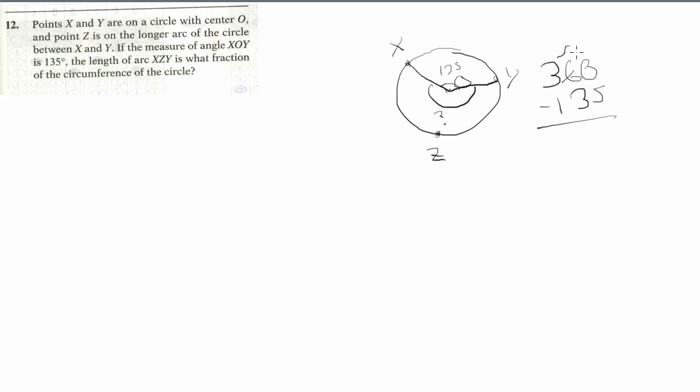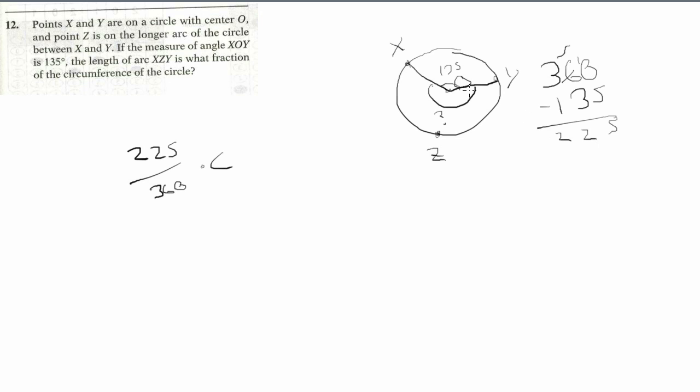So here, 225. What fraction of the circumference of the circle is this length here? Well, it is going to be 225 over 360 times the circumference, because we have 360 all the way around.